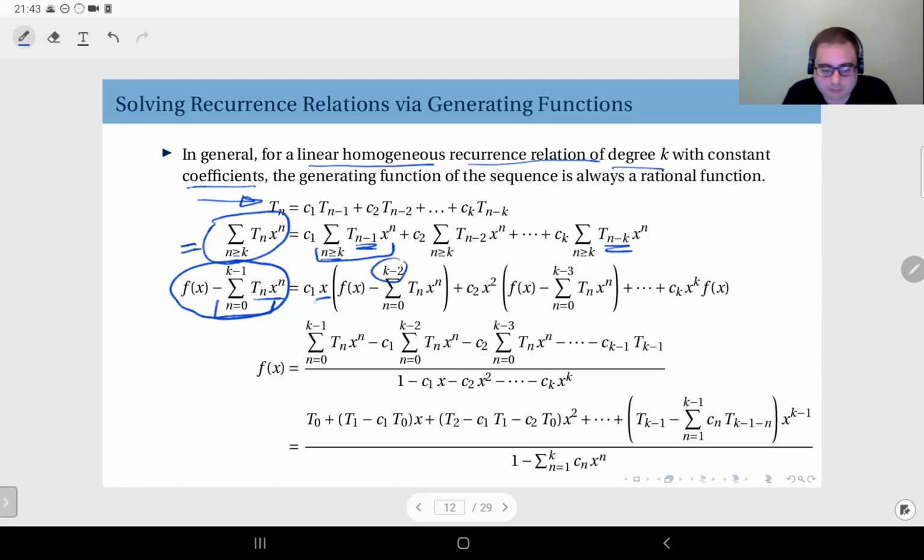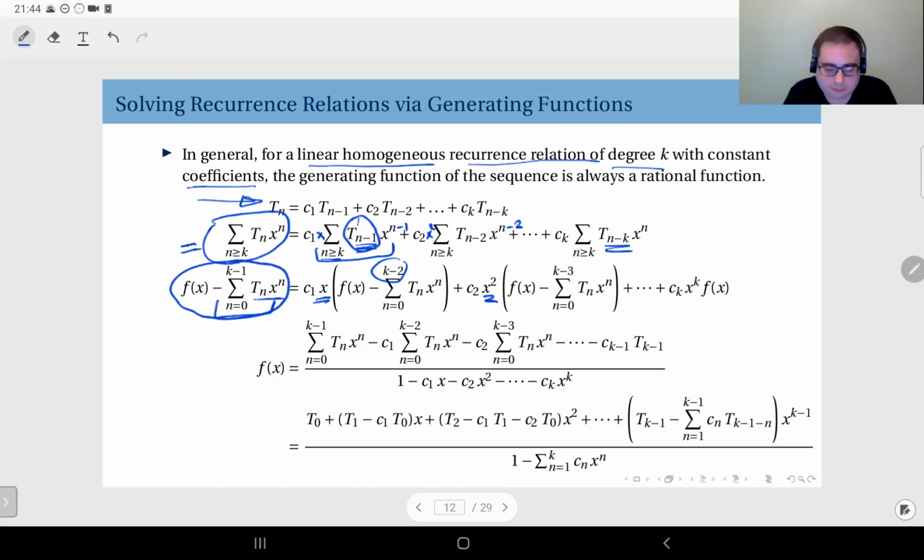But I also have an x here because you see T has the index n minus 1, but x has the exponent of n. Therefore, if you make this n minus 1 and pull one of the x's out, this is what you get. Similarly, make this n minus 2 and put x squared here, which appears here. So the approach is exactly the same.